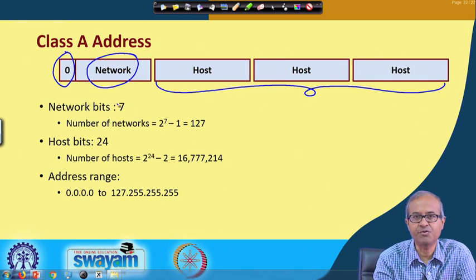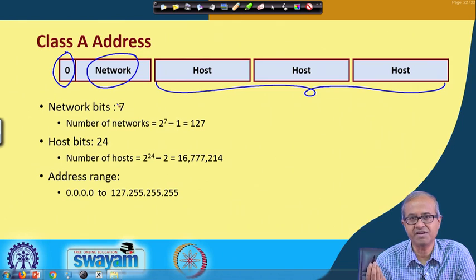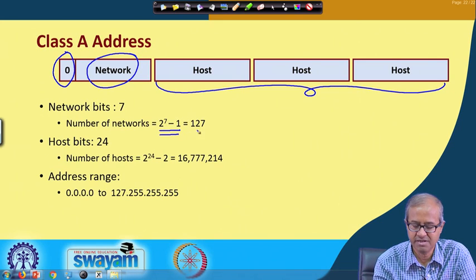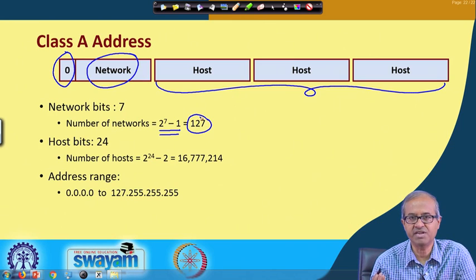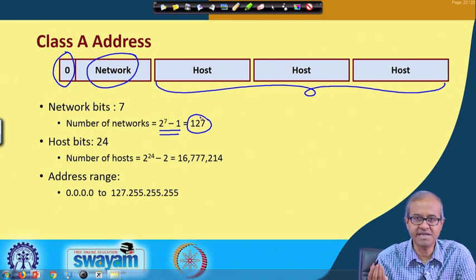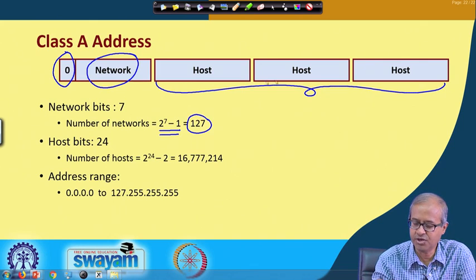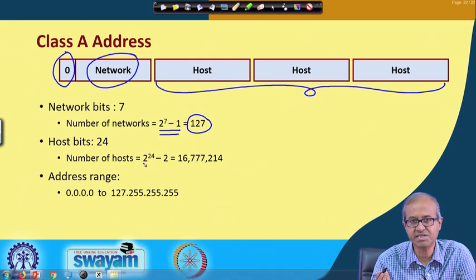Because there are 7 network bits, there can be 2 to the power 7 combinations. Out of them, all 0 is not used, so taking away the all 0 combination, there can be 127 possibilities. There can be 127 class A networks, and inside each such network there are 24 bits in the host part, so 2 to the power 24 combinations are possible.